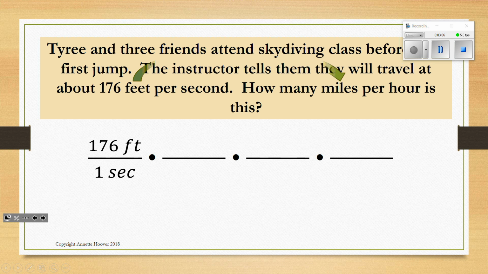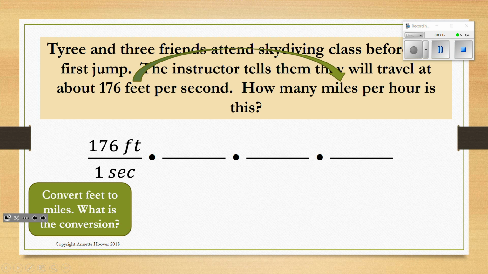So look at what we have here. First, we have a distance conversion from feet to miles, but we also have a time conversion. But let's look at the feet to miles first. Feet to miles, what conversion do you know? Do you know how many feet are in a mile? There are 5,280 feet in 1 mile.